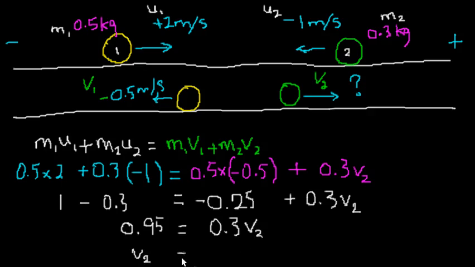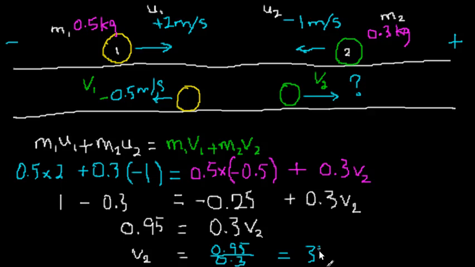v2 is equal to 0.95 divided by 0.3, moving the 0.3 to the other side. And the answer is, let's see, move the points over, and then 9 over 3 is 3. So 3.5 over 3.